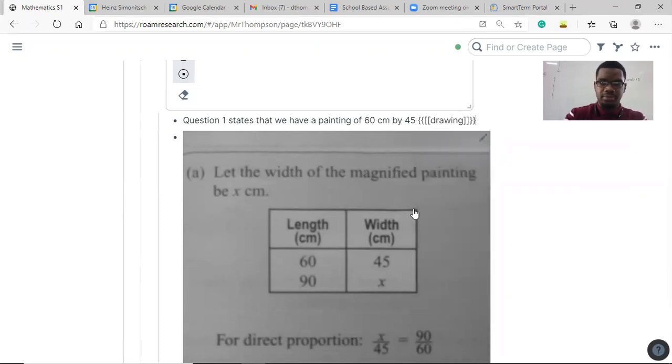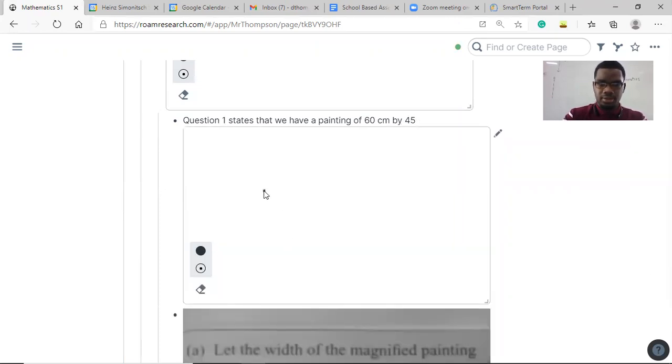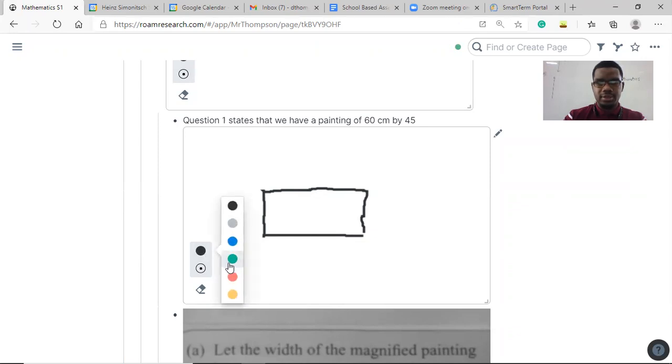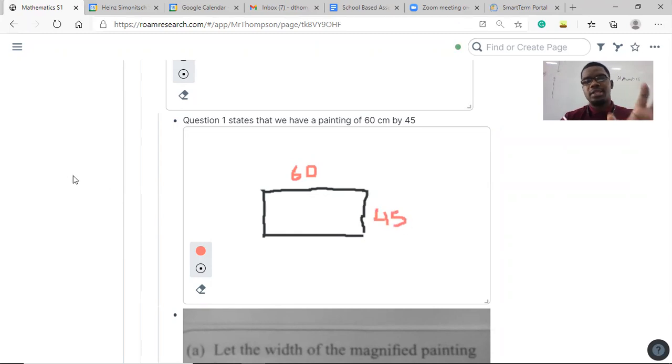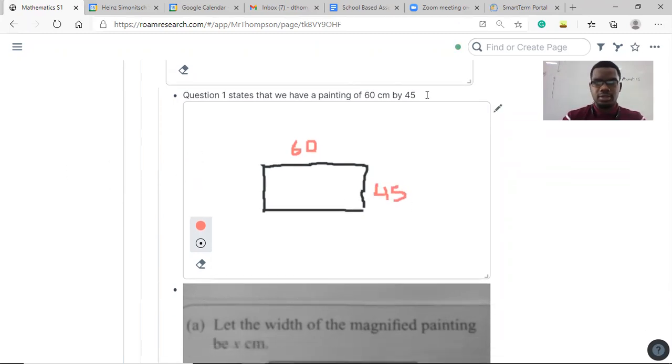Let's draw that painting. It's a magnificent painting, I know. I'm gonna put now 60 by 45. Okay, so this is our painting.